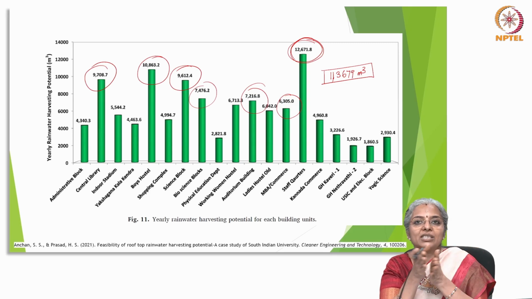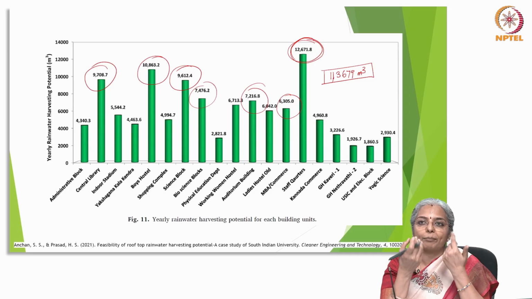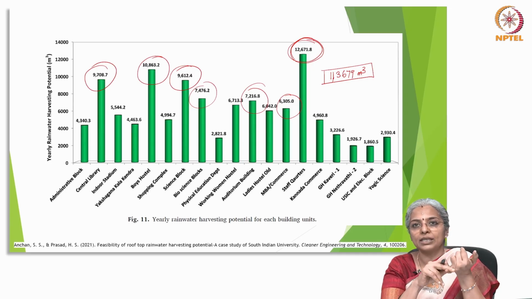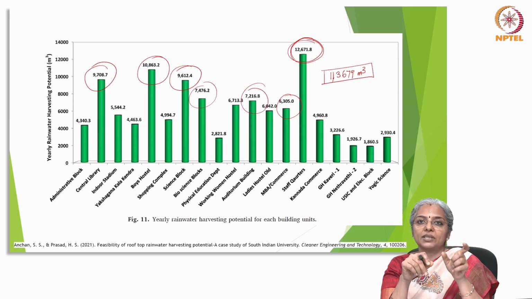Of course, there was some seasonality of harvesting. The highest water collection could happen during the rainfall season, that is between June to August, and that alone contributed about 70% of the total potential.